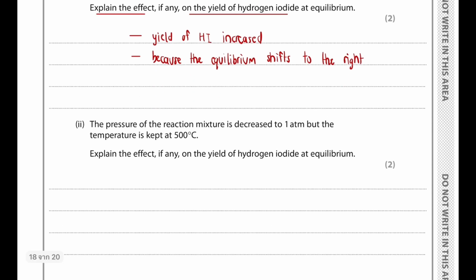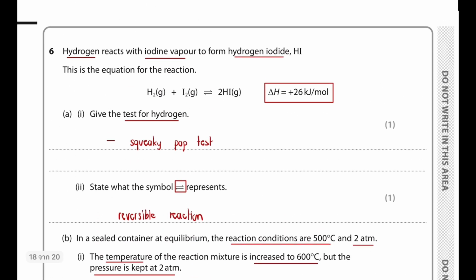Question II. The pressure of the reaction mixture is decreased to 1 atm, but the temperature is kept at 500 degrees Celsius. Explain the effect on the yield of hydrogen iodide. Okay, so let me count the number of moles here. So it is 1 plus 1, which is equal to 2, and the right-hand side equals 2 as well.